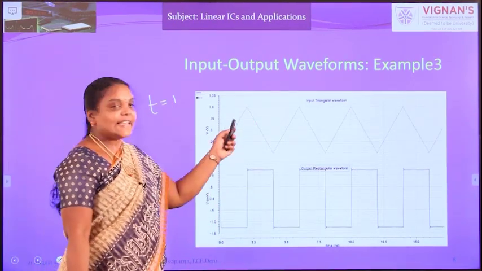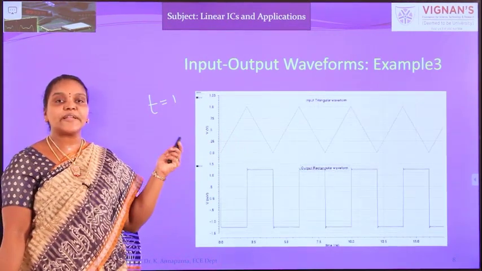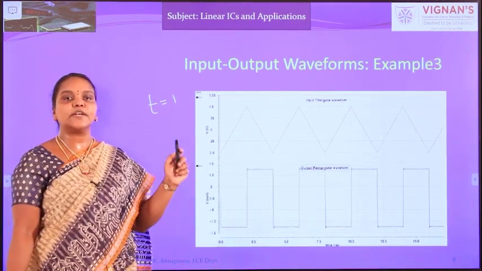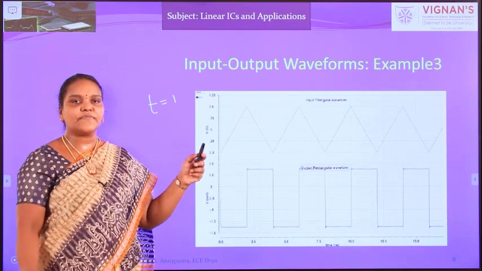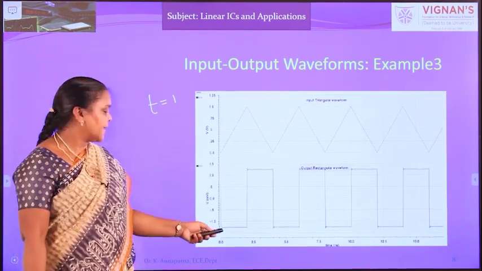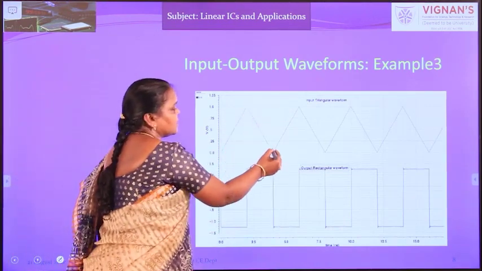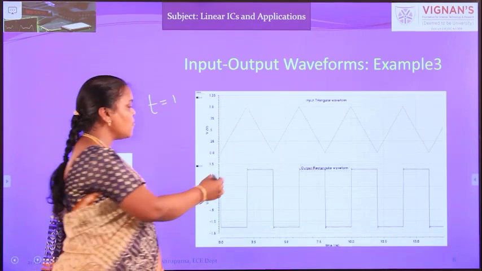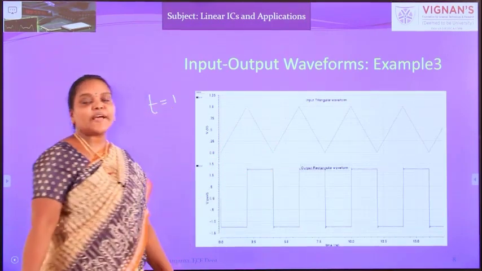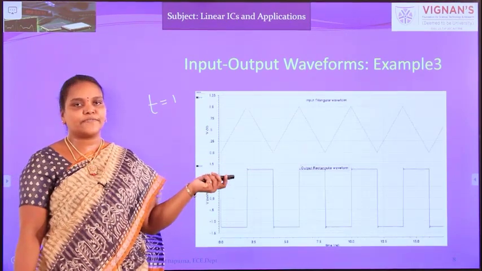Here actually for increasing you should have a positive constant, but we are operating the differentiator in inverting configuration, so you have the opposite sign. That's why instead of a positive constant you are getting a negative constant. Next it is decreasing, so you will have a positive constant. So finally for the input triangular wave, the output it gives is a square wave.